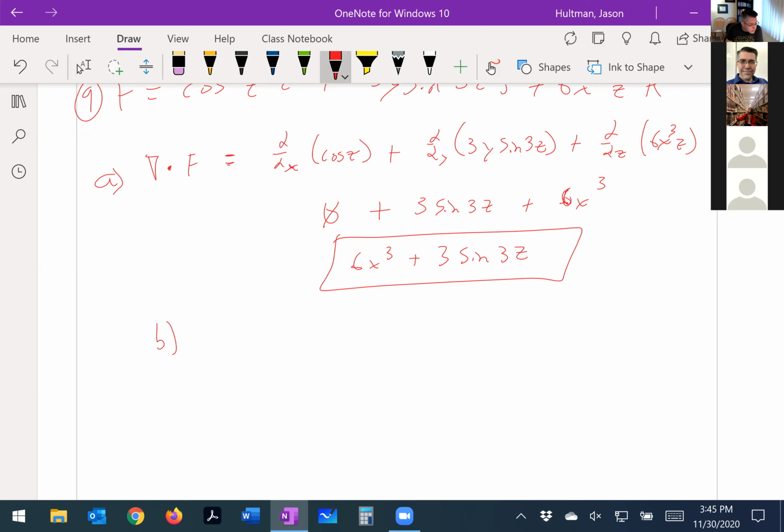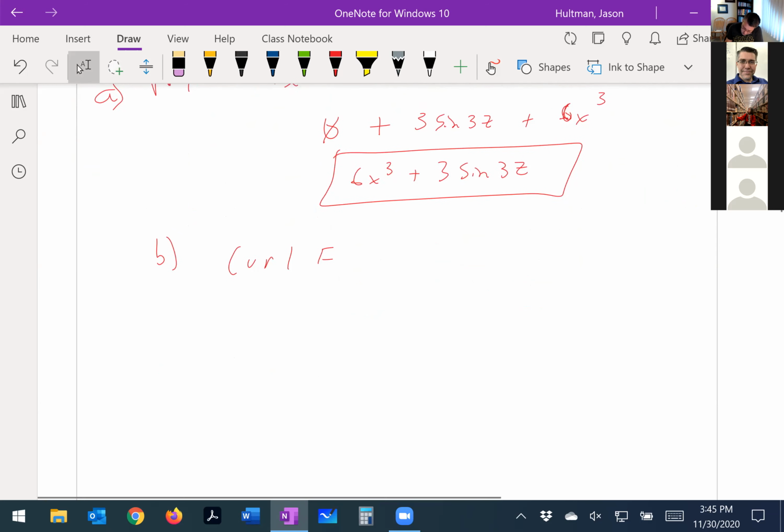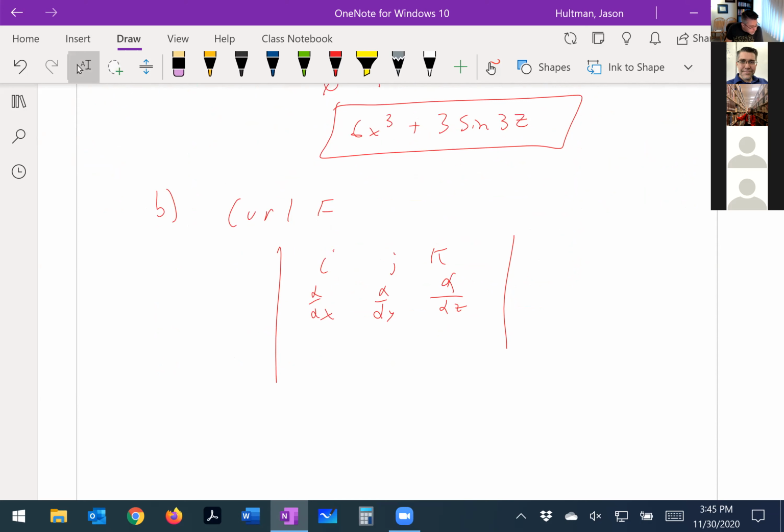Part B says find the curl of this thing. Okay, so we're going to set up our matrix i j k, partial with respect to x, partial with respect to y, partial with respect to z, and then we have cosine z, 3y sine 3z and 6x cubed z.